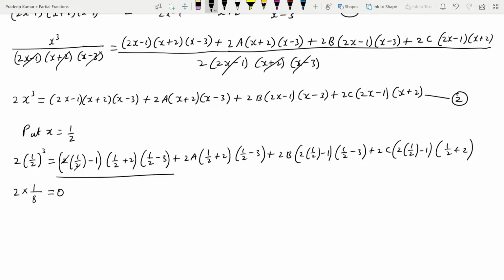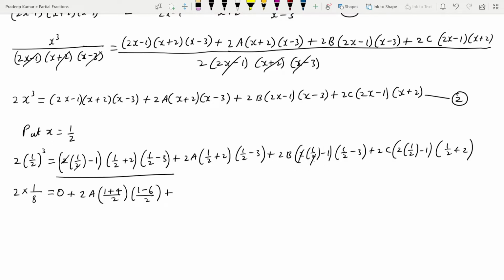Now we'll write this part. I can write plus 2a into, we'll do the LCM, 2 into 2 is 4, so 1 plus 4 by 2. Here also we'll do the LCM, 1 minus 6 by 2. Plus here, this 2 and 2 get cancelled, and again we remain with 1 minus 1, which is 0.